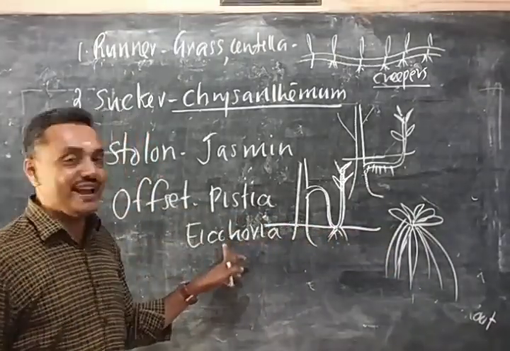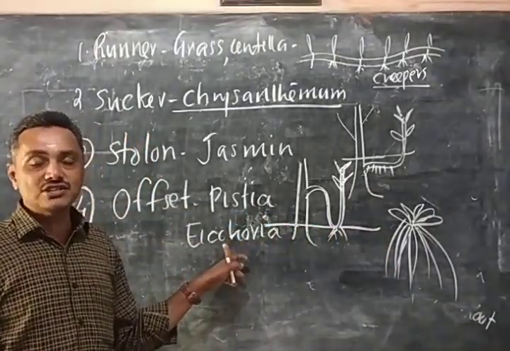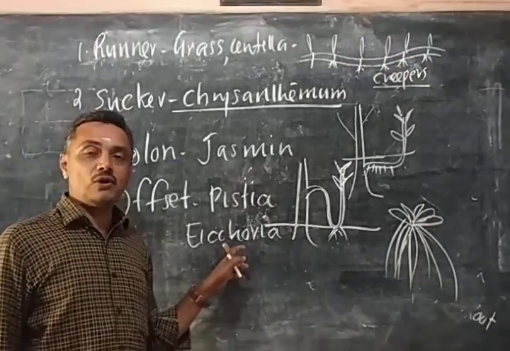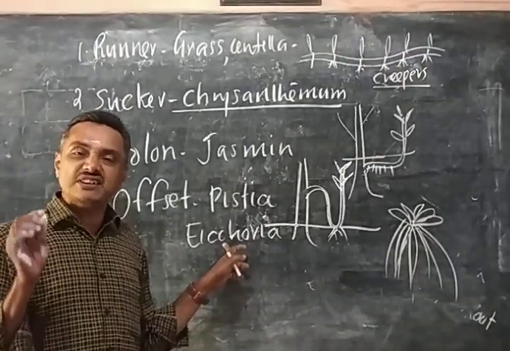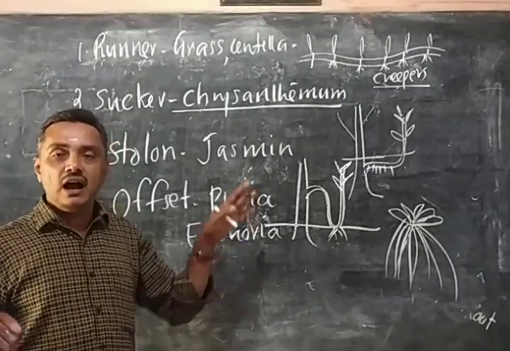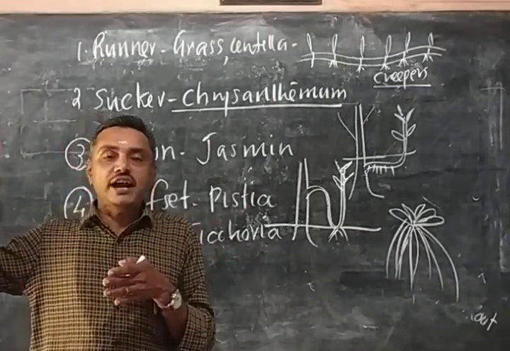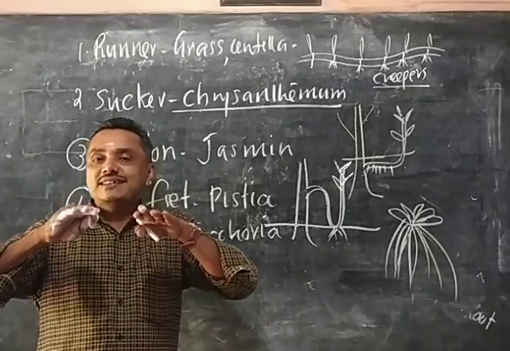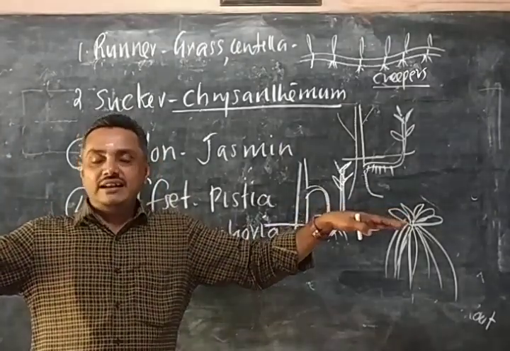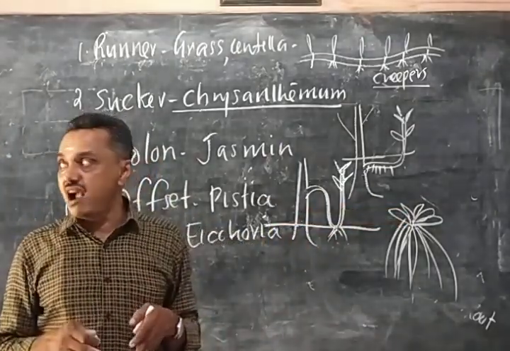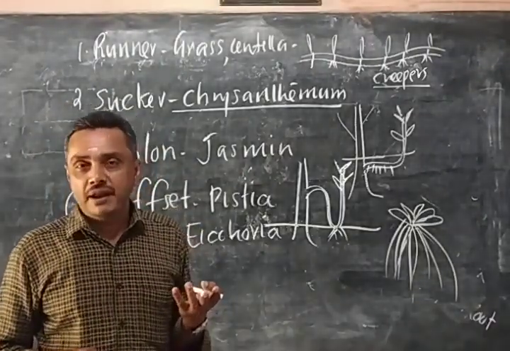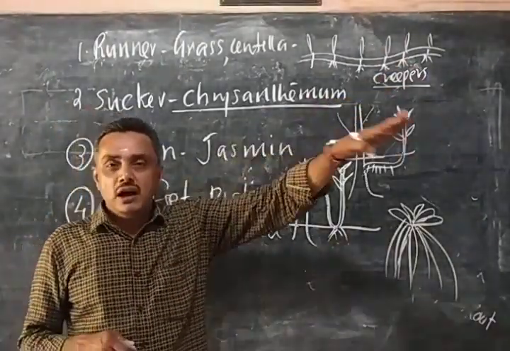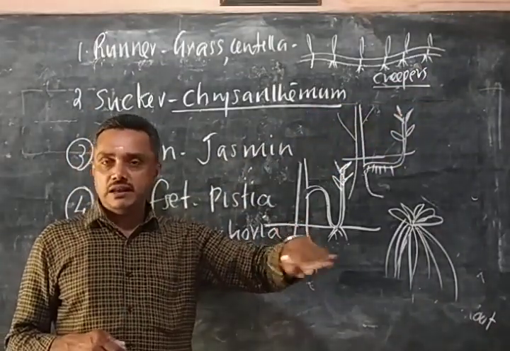And this Eichhornia is a water pollutant. It is called water hyacinth, commonly called the terror of Bengal. It is a plant which causes water pollution, especially in Kerala. In the south of Kerala, most of the places are covered by water, marshy areas, in districts like Alappuzha where the places are mostly low lying.